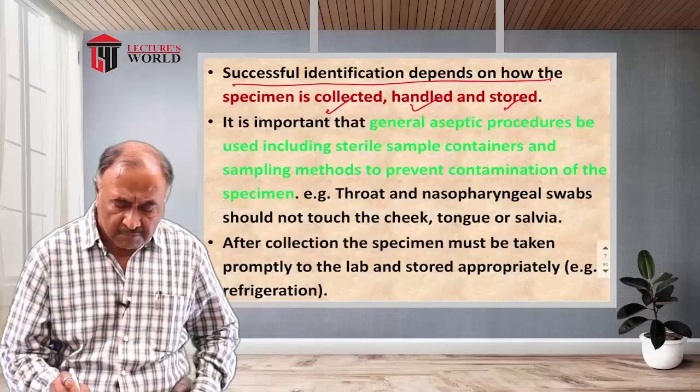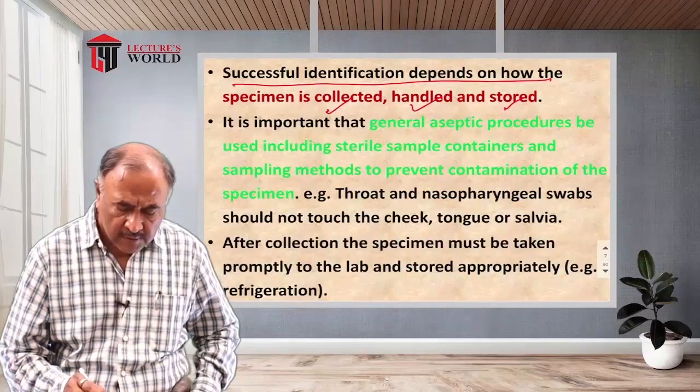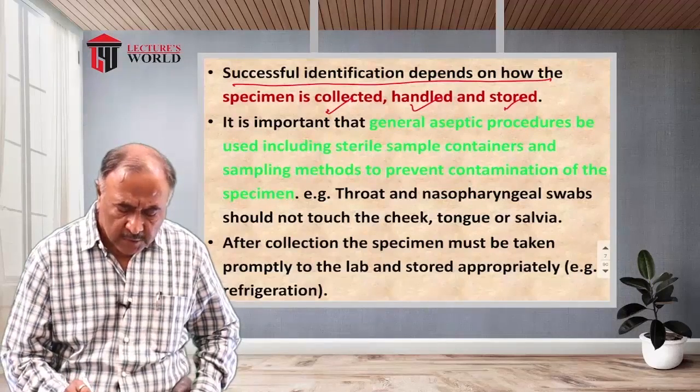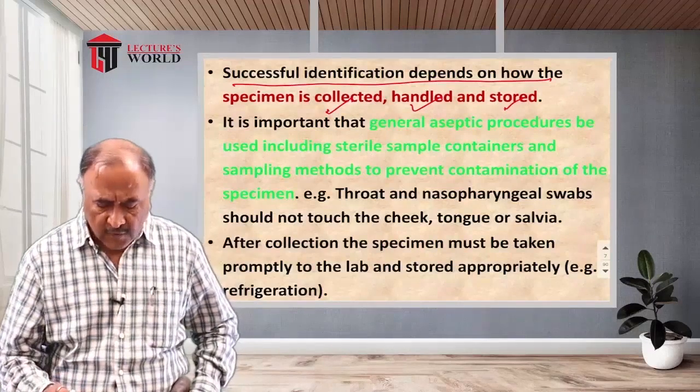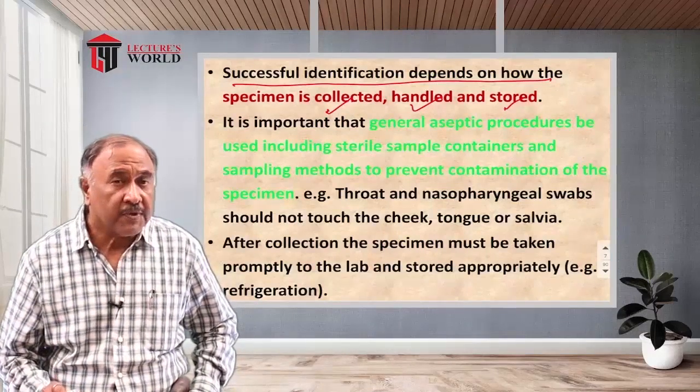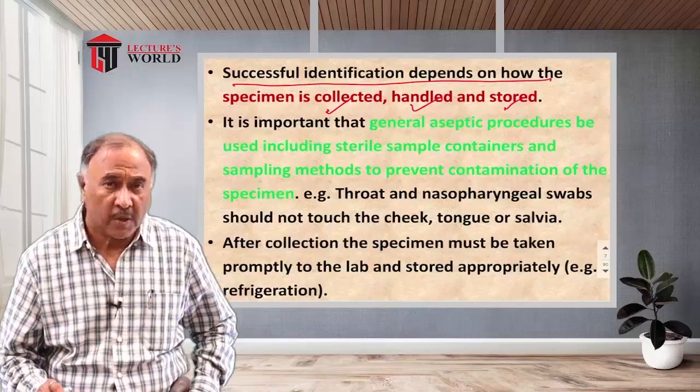This is the one. You can see here. These are the small cocci, and normally they have a shape in the form of diplococci.